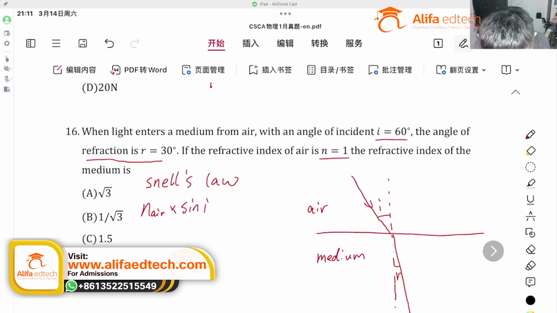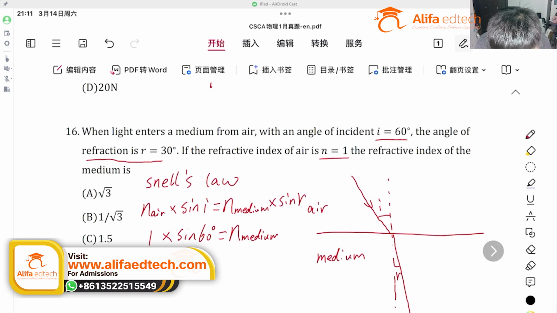sin I equals n medium sin R. So we can easily know 1 multiplied by sin 60 degrees equals n medium multiplied by sin 30 degrees.